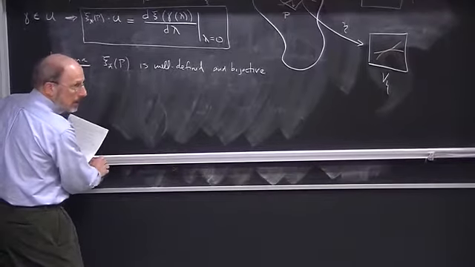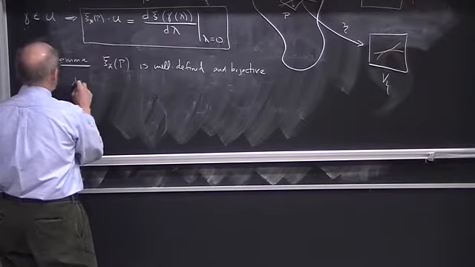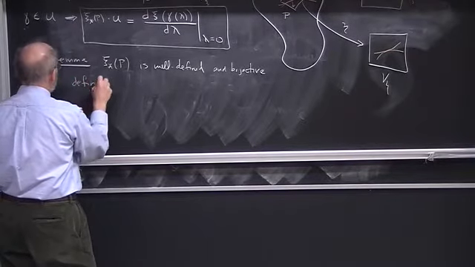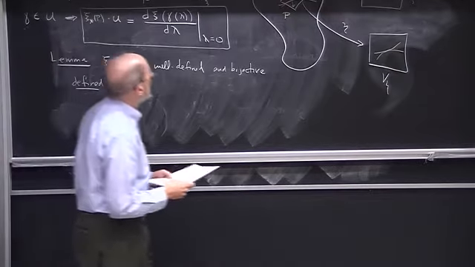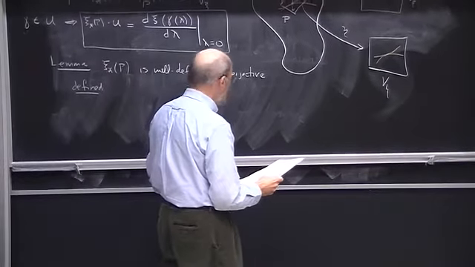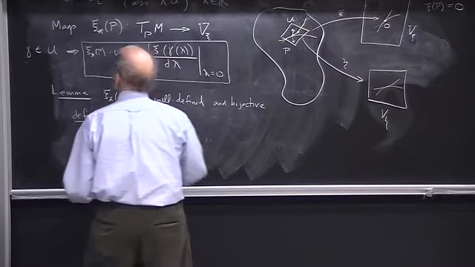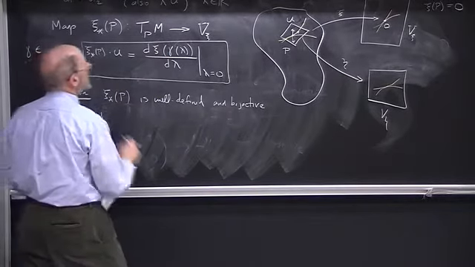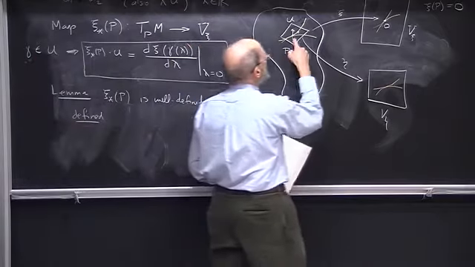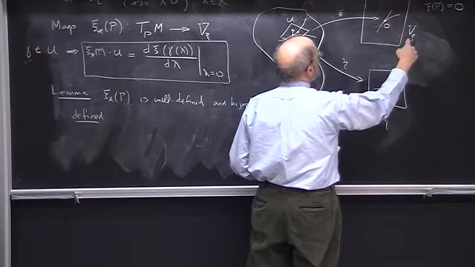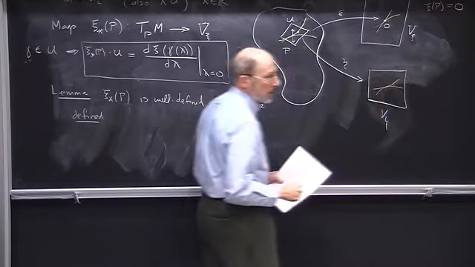So first of all, why is it well defined? Well, if you think about it, it's well defined just by definition. If you just think what it means for two curves gamma to be in the same equivalence class, it means precisely that their images in this vector space V have the same tangent.